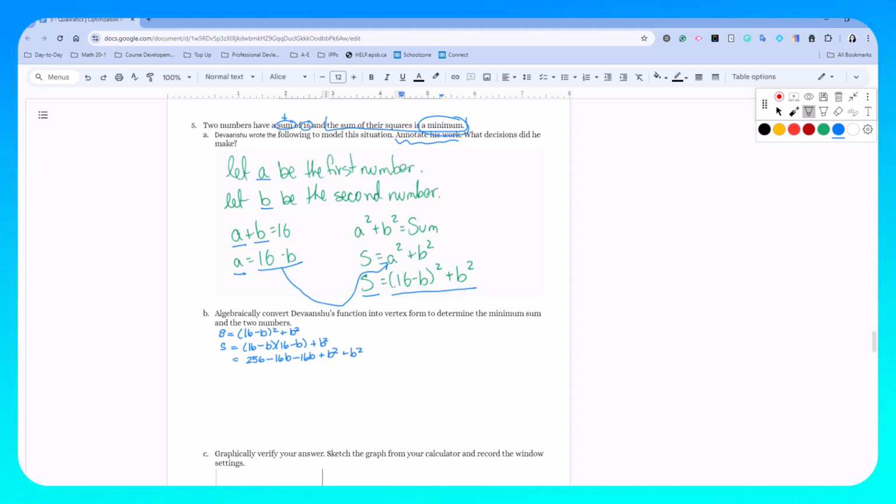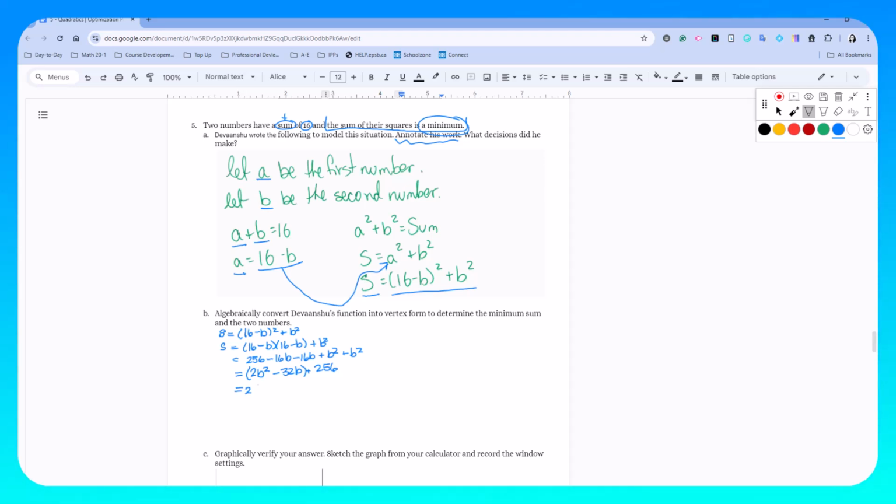We get that. Now we're going to gather the like terms, and I'm going to write them in descending order, meaning my square term is going to be first. So 2b squared minus 32b plus 256. I'm going to bracket off the first two terms because now we're at the completing the square part.